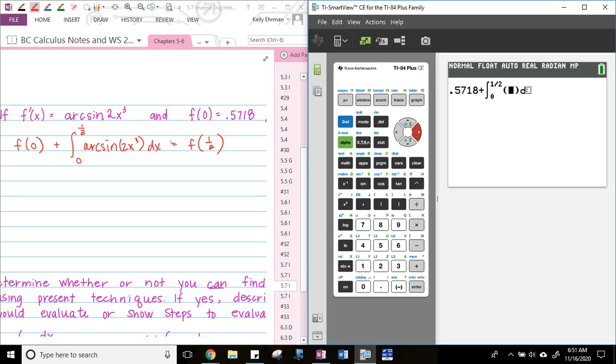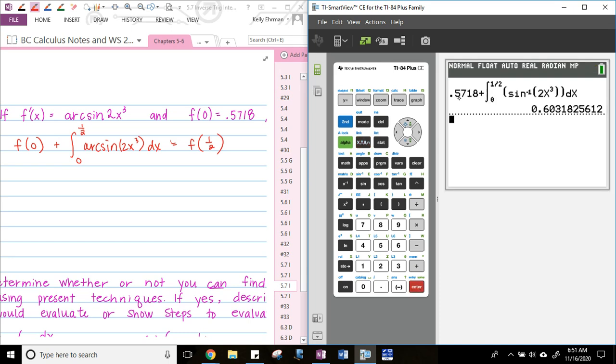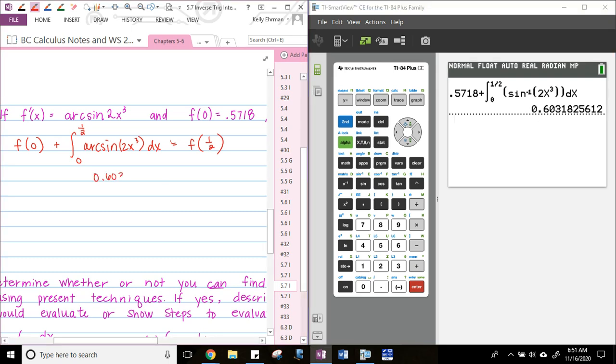Remember, to type in arc sine, you're doing second sine. That notation is the same as arc sine of 2x to the third dx. This is the final answer because I've already added it to f of 0. So about 0.603. That's about equal to f of 1/2.